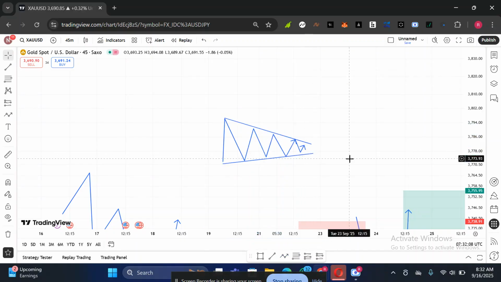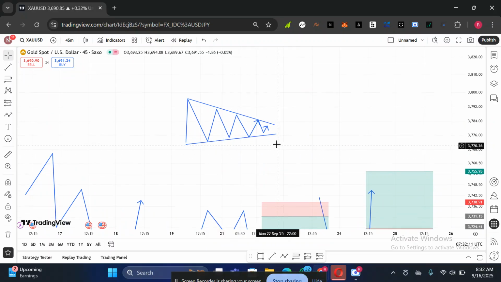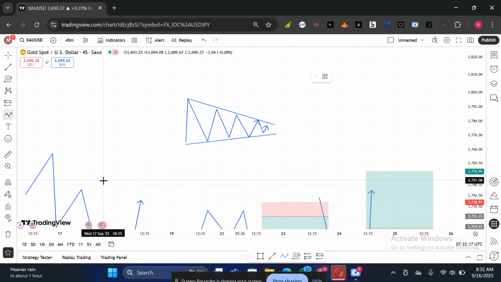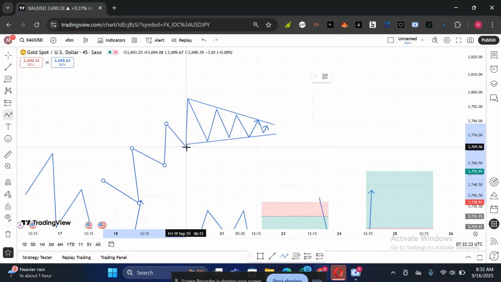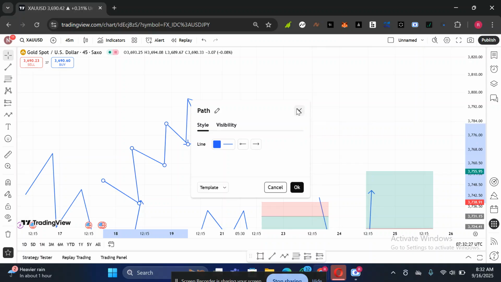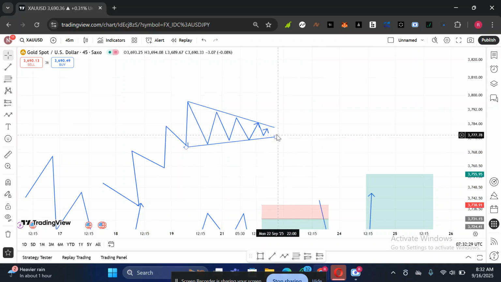Now, as a trader, what you are going to be observing in this kind of formation is that you don't clearly know the direction. But if the market is trending up like this and gives us this kind of formation here, then I'll be suggesting the next possible buy, because the market can easily push all the way to the upside following the trend.